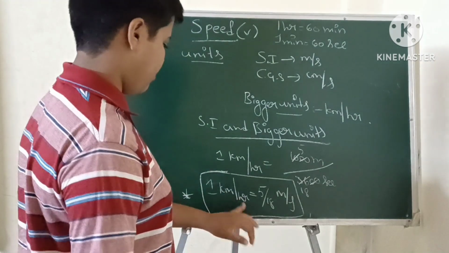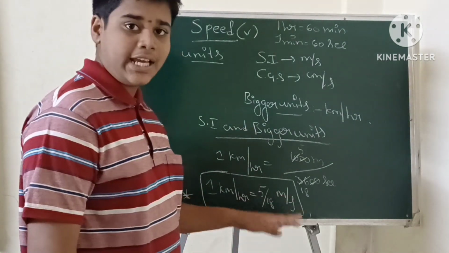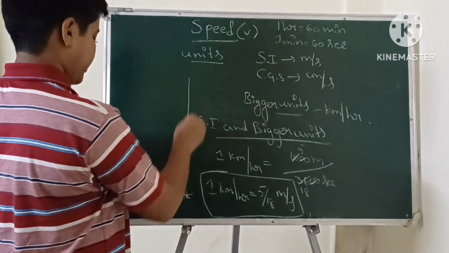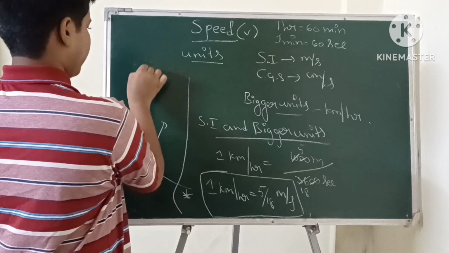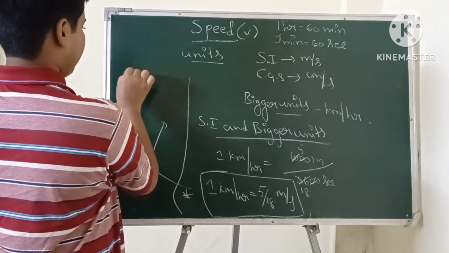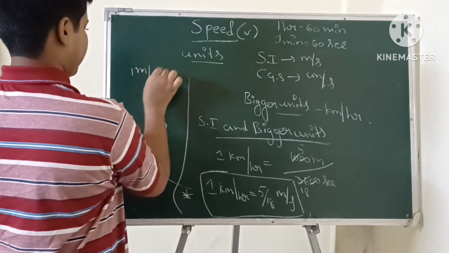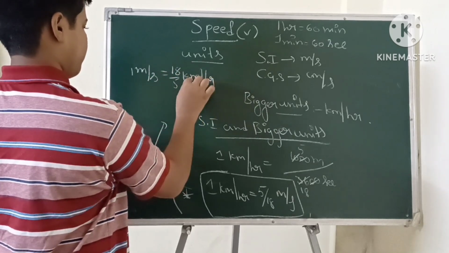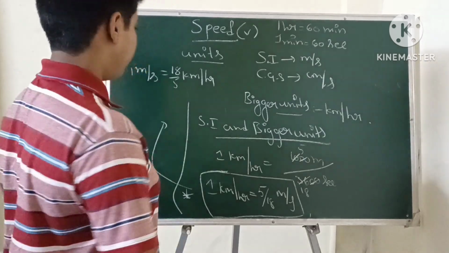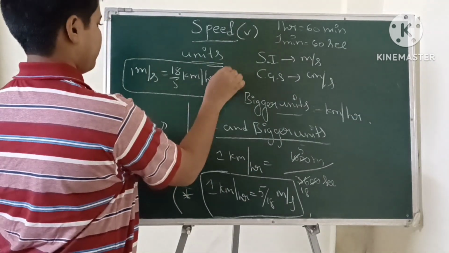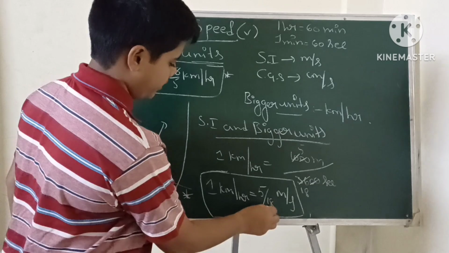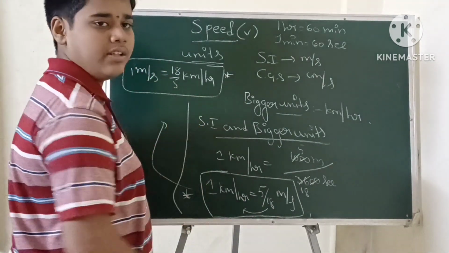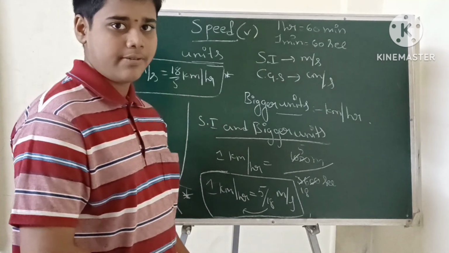Okay, here 1 kilometer per hour is 5 by 18 times meter per second. Another important point from this: 1 meter per second is equal to 18 by 5 kilometer per hour. Here I am transferring this fraction to this side, so I get 1 meter per second equals 18 by 5 kilometer per hour.